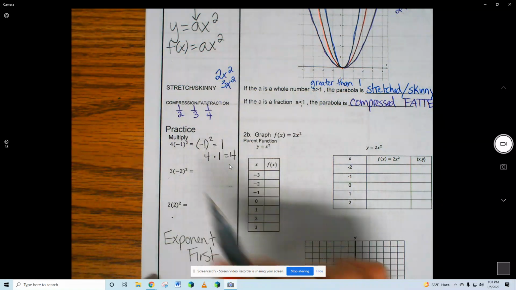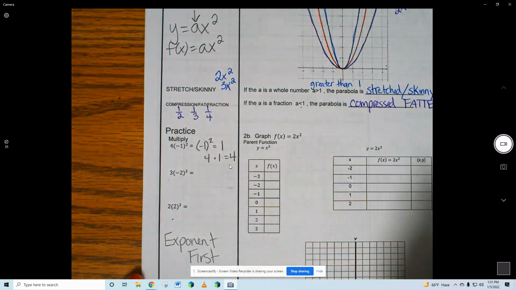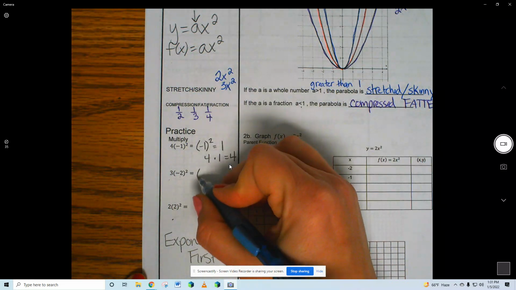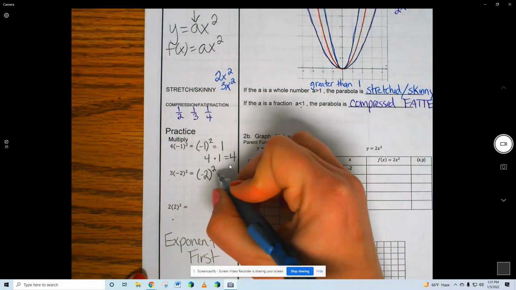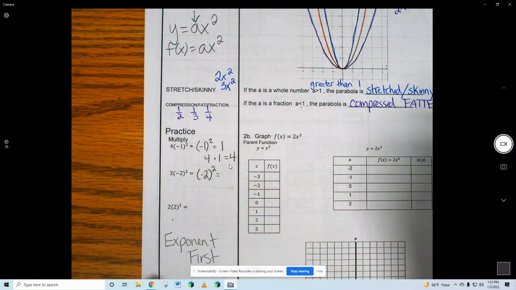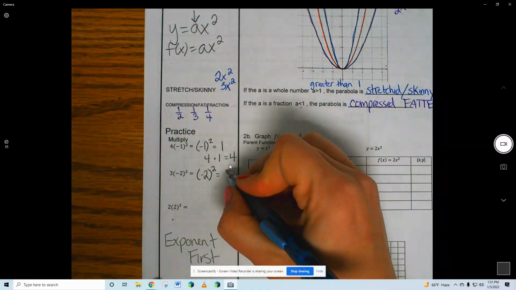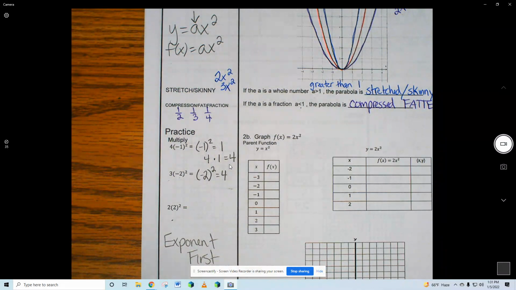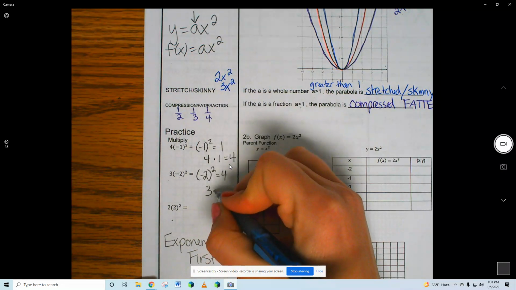Second one, I still do the exponent first. -2 squared. Do that first. 4. And then worry about the 3. Yes.